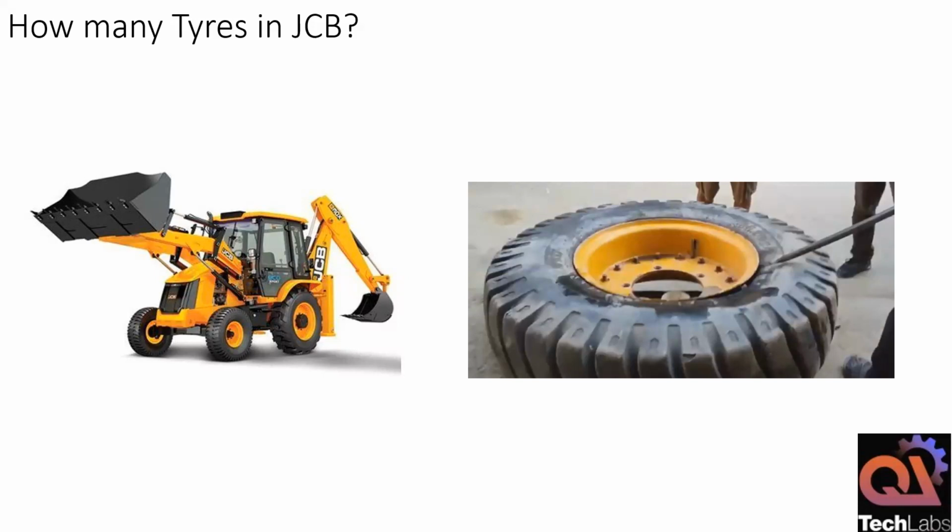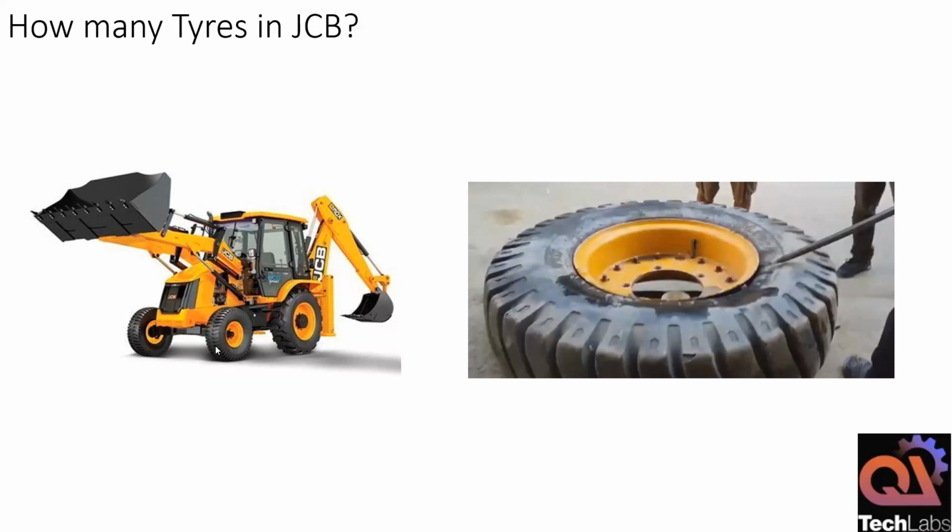This is a classic case of how you start giving answers without thinking. This tire that you see could be one of these. We don't know. We need to ask, what is the diameter of the tire?